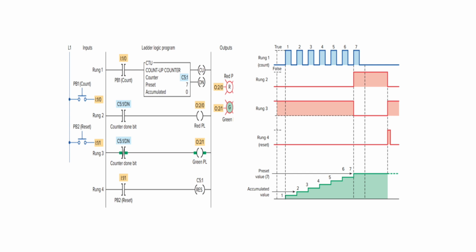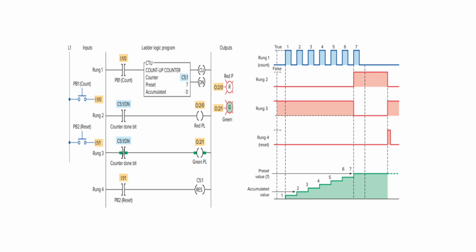So let's look at how it works step by step. In the first step, operating push button PB1 provides the off to on transition pulses that are counted by the counter. The preset value of the counter is set to 7. Each false to true transition of rung 1 increases the counter accumulated value by 1. Output O colon 2/1 is energized as long as the accumulated value is less than 7.